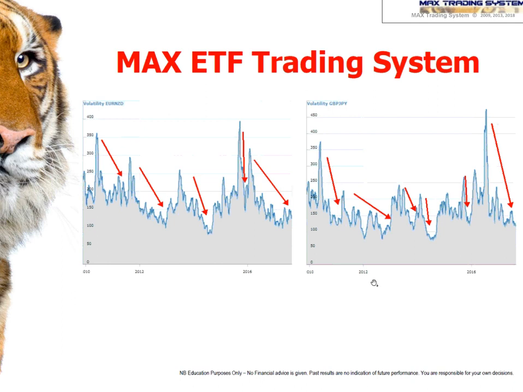This is true for any pairs. And for the moment, with some pairs, especially the pound pairs, we are seeing a small increase in the volatility due to the Brexit situation for the last few months or 1 or 2 years.